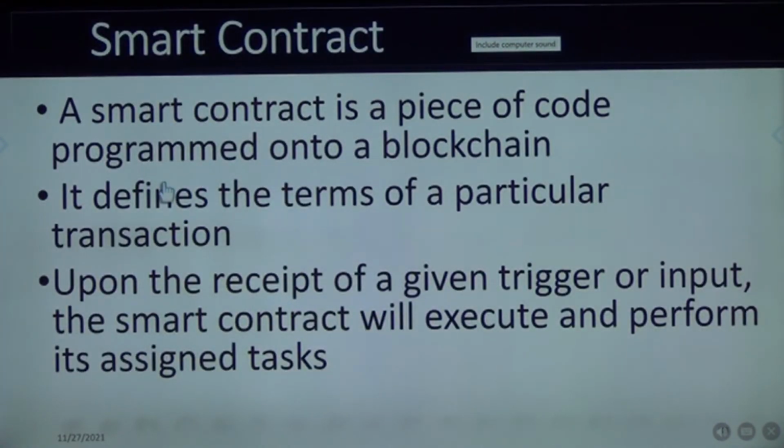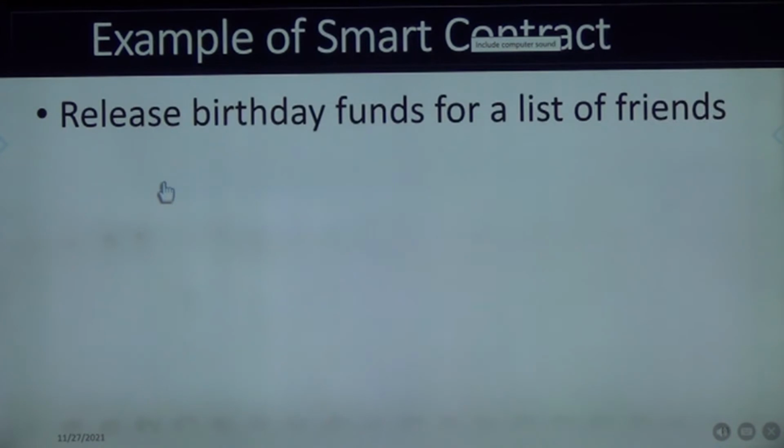So a smart contract, a very simple smart contract. I was thinking this could also be a smart contract: we have birthdays, and you say you have some ethers and whenever someone's birthday comes, like you have 10 close friends or relatives, you want to send them some ether, your birthday present.